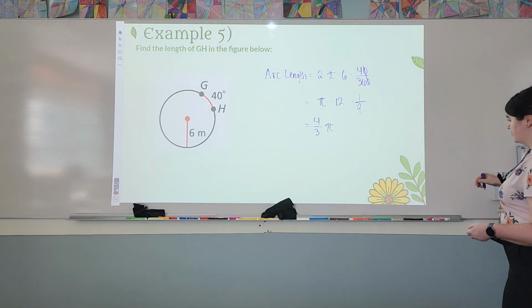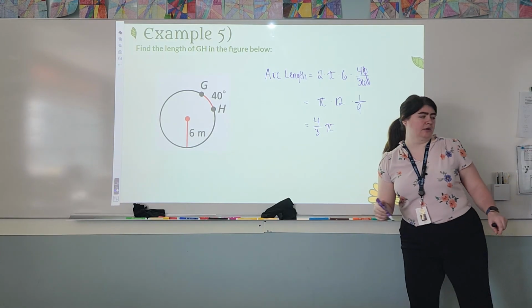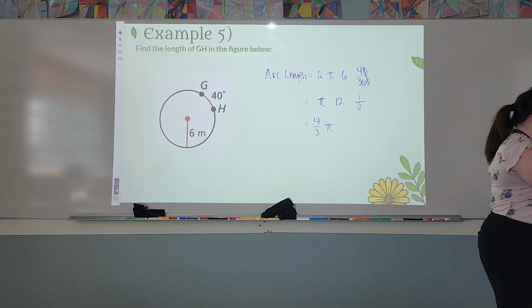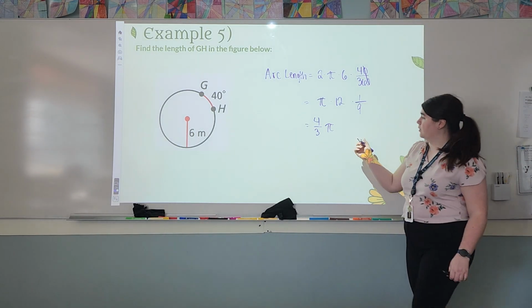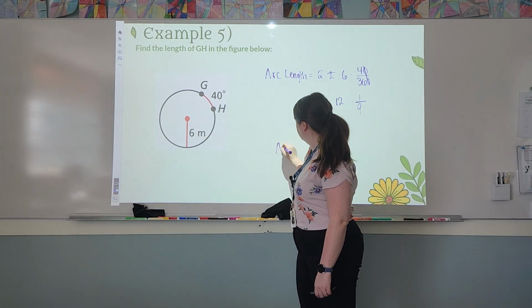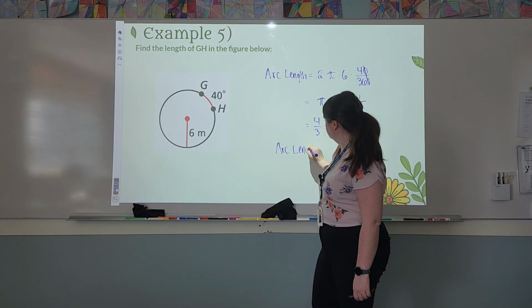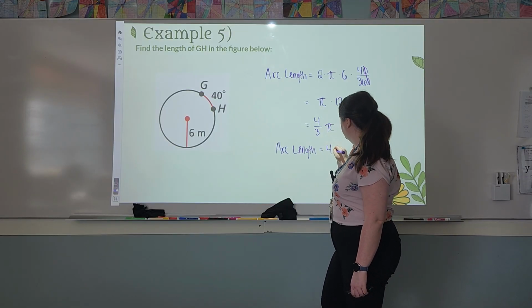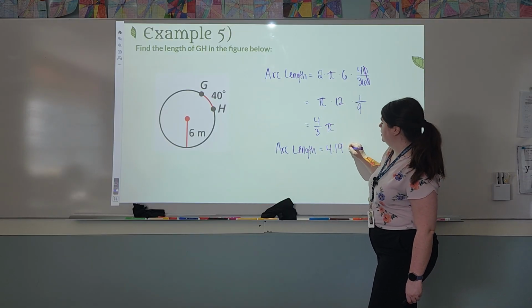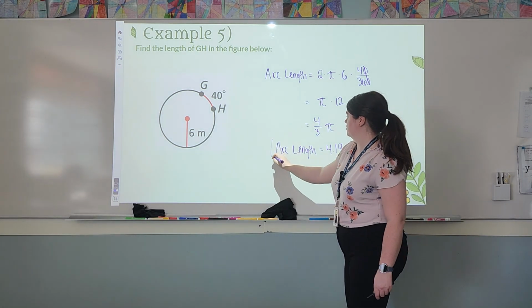We are looking for the decimal, so we're going to type into our calculator 4/3 times pi, and that does give us 4.19. So arc length equals 4.19 meters.